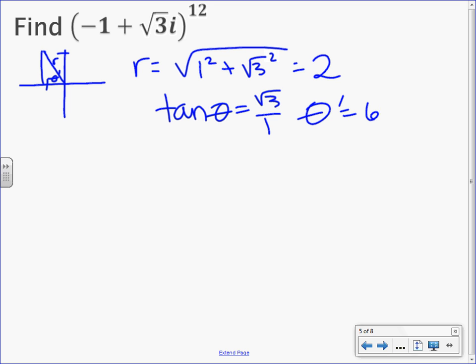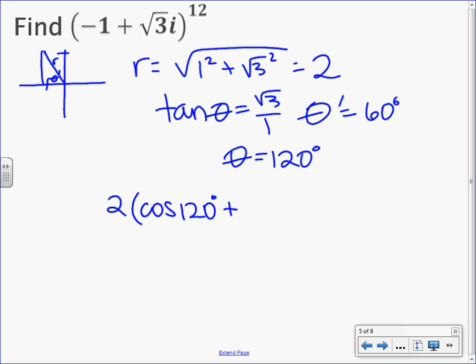Since we are in the second quadrant, our angle is 120. Good job. So what we have is, I'm going to factor the r out, 2 times the cosine of 120 plus i times the sine of 120. And all of that is being raised to the 12th power.